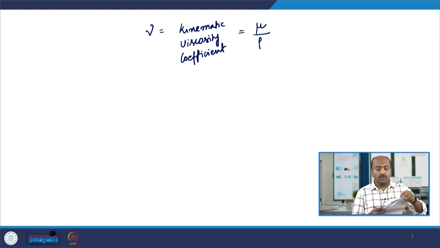What is mu? Mu is the dynamic viscosity coefficient, right. So, now we can combine these three.